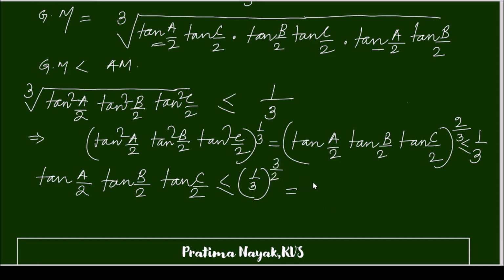So this will be 1 over the square root of 27, which is equal to 1 by 3 root 3. So rationalizing, I will get root 3 by 9.